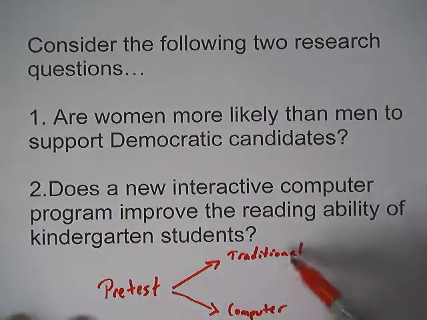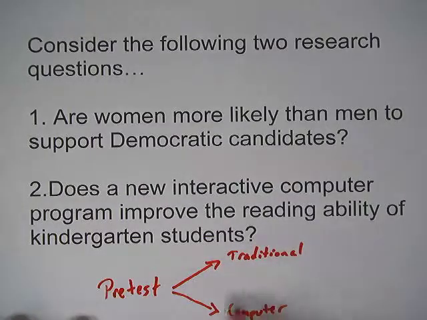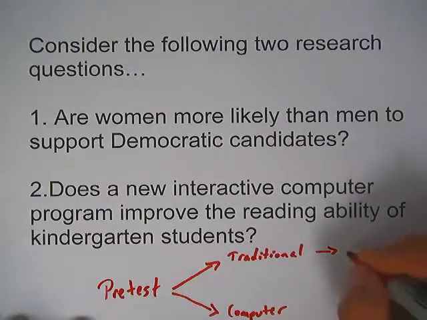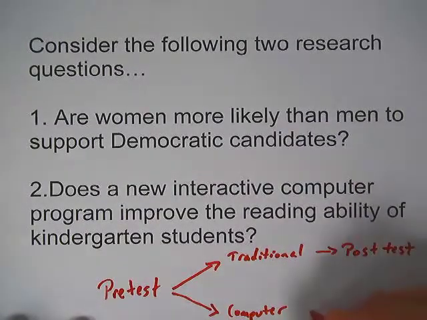So once I have them split up, then they would be exposed to each type of instruction. This group would only be taught using traditional instruction, this group would only be taught using computer instruction, and after a certain amount of time we would need to give them each a post-test.